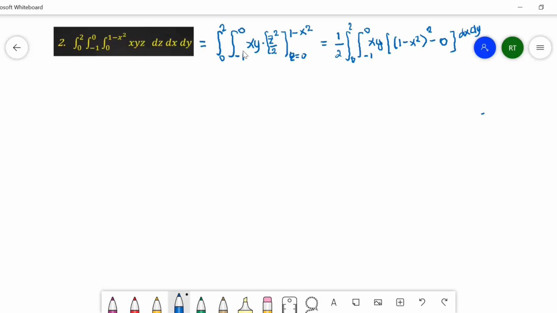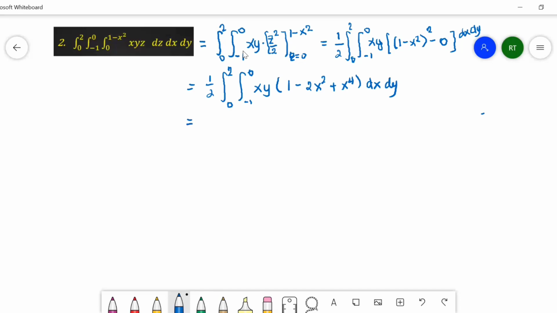Next we simplify. Simplifying gives us 1/2, with limits from -1 to 0 and 0 to 2, xy times the square of 1 minus x squared, which gives 1 minus 2x squared plus x to the fourth, dx dy.